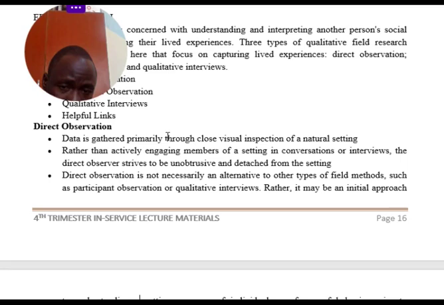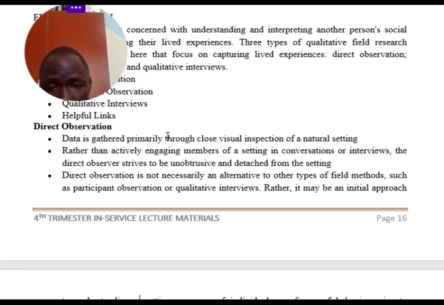This directive research is more about using the body senses, for instance the use of the eyes to clearly observe the physical features and other resources in the physical environment.